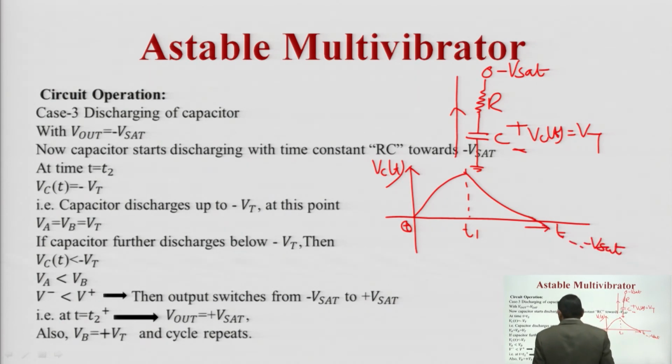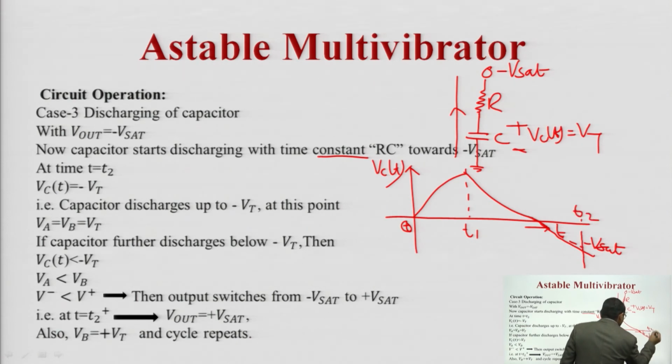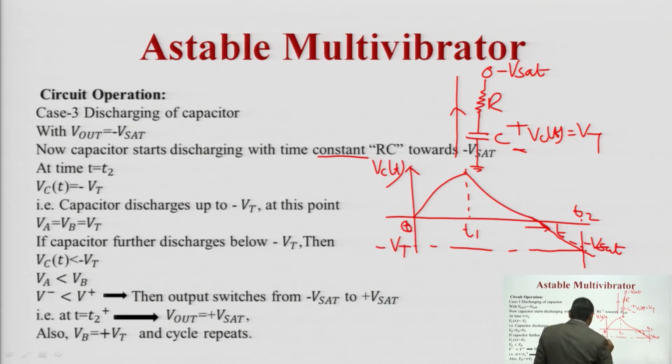The capacitor starts to discharge with the time constant RC towards minus Vsat. At t is equal to T2, it may become minus Vt.